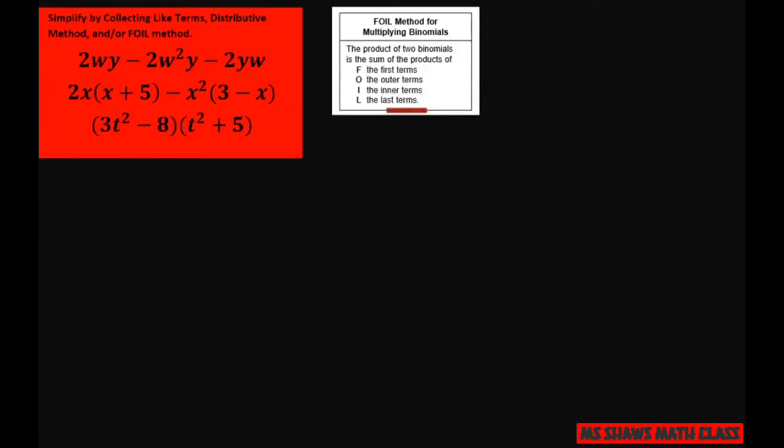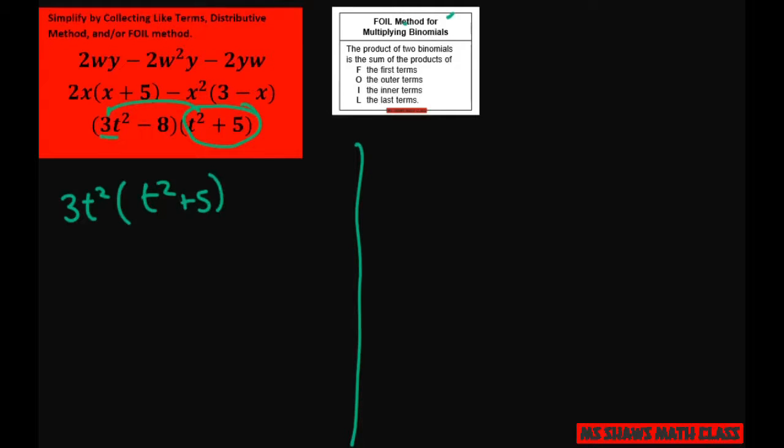And the last one, I'm going to go ahead and do both methods, the distributive method and the FOIL method. So the distributive method, I'm going to take 3t squared times this quantity, t squared plus 5. Then I'm going to do minus 8 times this quantity, t squared plus 5. That's called the distributive method.